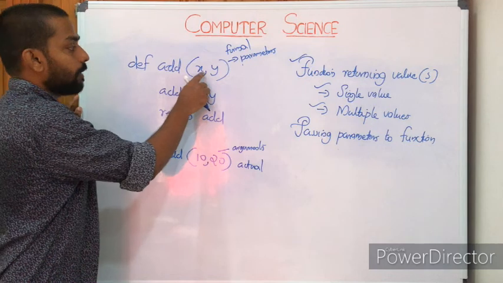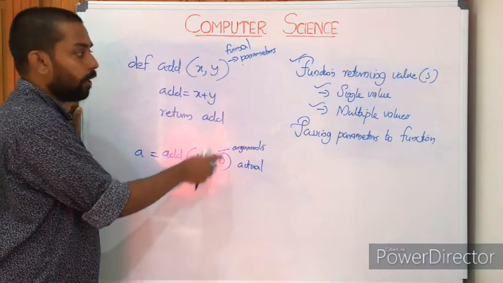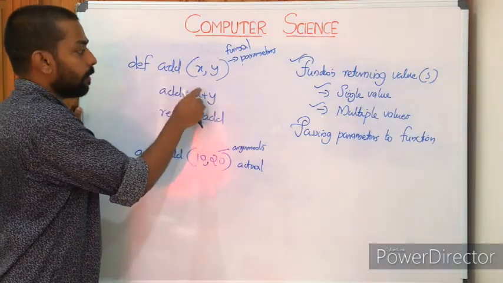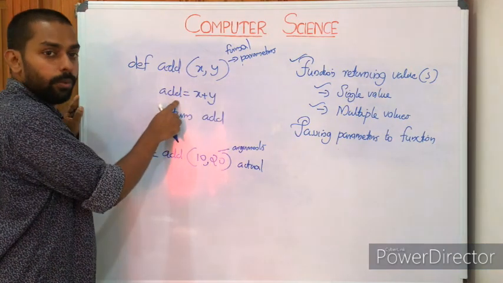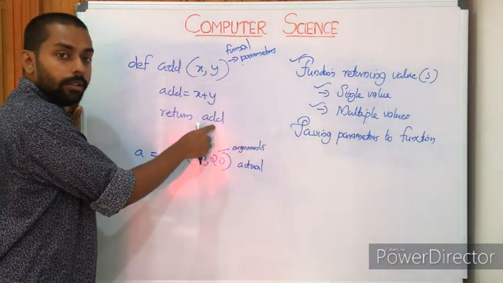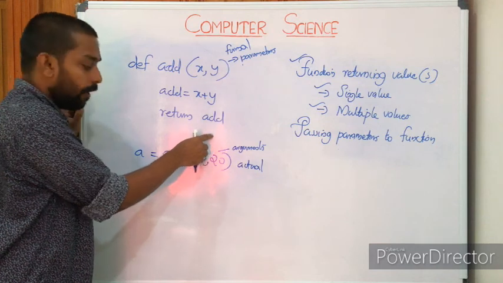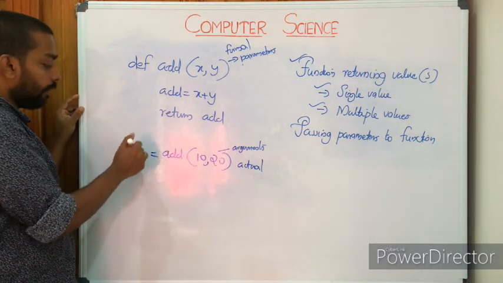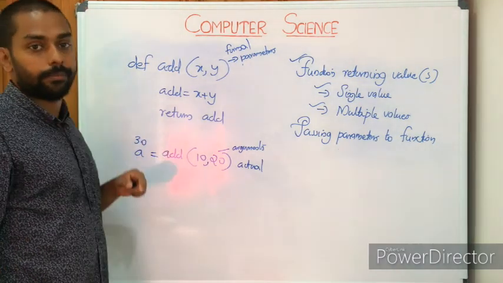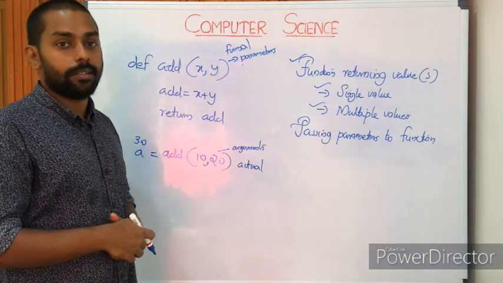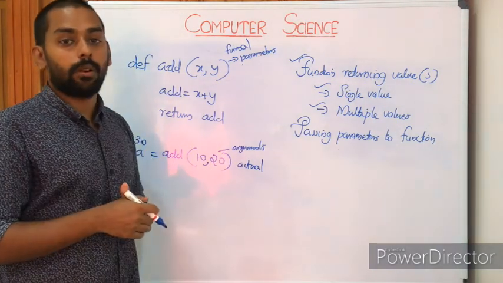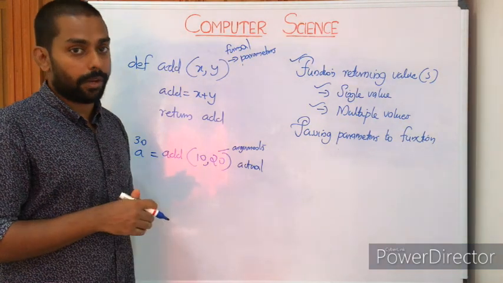Then x and y work on 10 and 20. So x plus y, that is 10 plus 20, gives 30, which is assigned to add, and we are returning 30. The value of add is 30, and that value is assigned to a, that is, a gets 30. This is how we can pass arguments or parameters to a function.